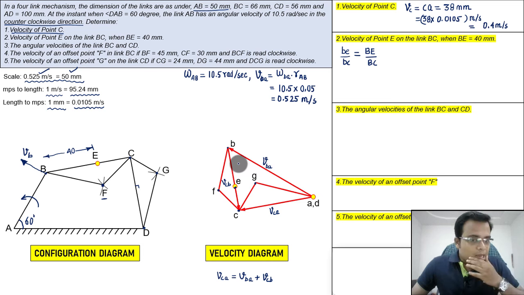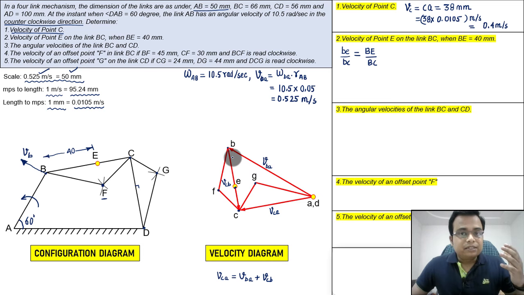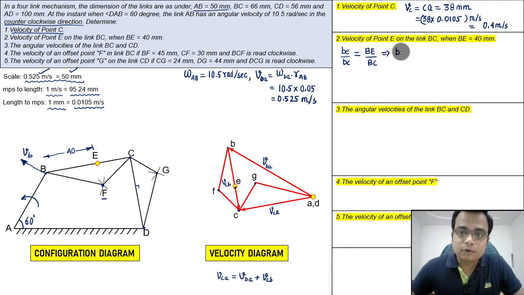Hence the ratio of different sides are also going to remain the same, and this is the principle which I have used here. So how much is BC? That has to be worked out. So what is BE rather? BE will be equal to BE over BC. How much is BE? That's 40. Divided by BC. BC is how much? I need to take a look. Well, that's 66.